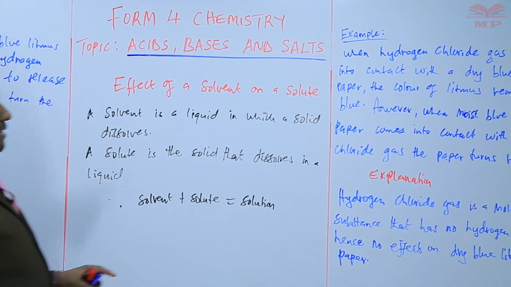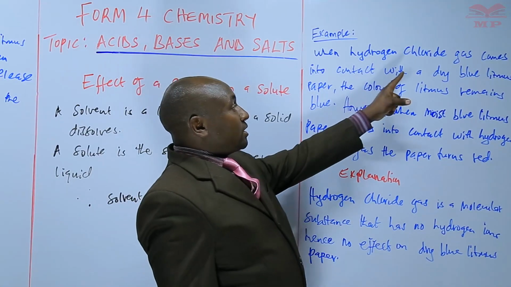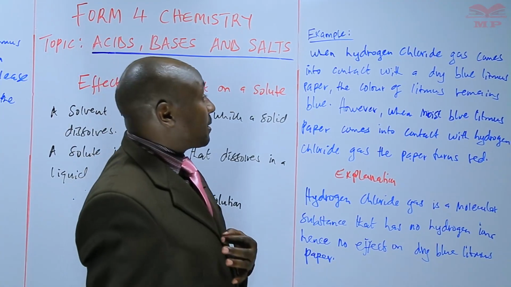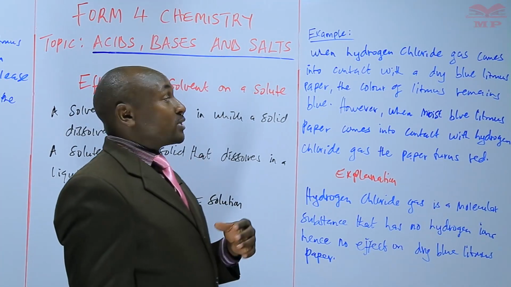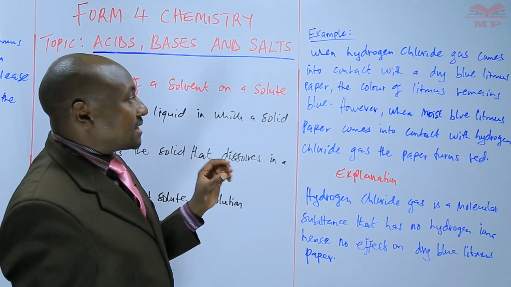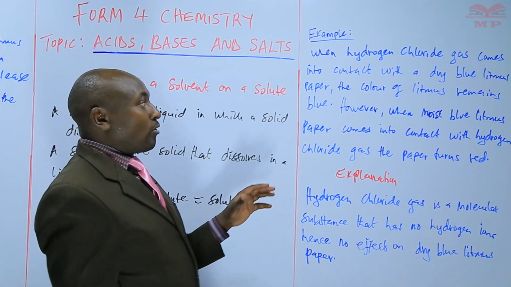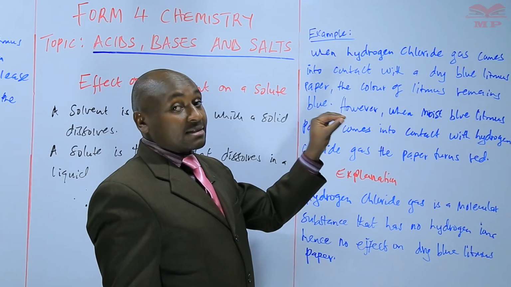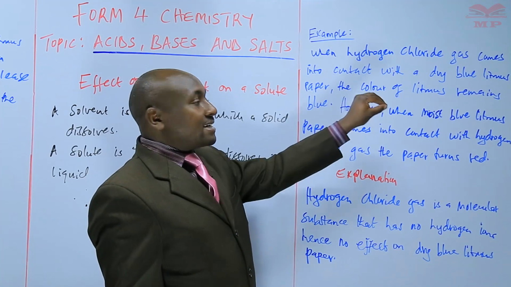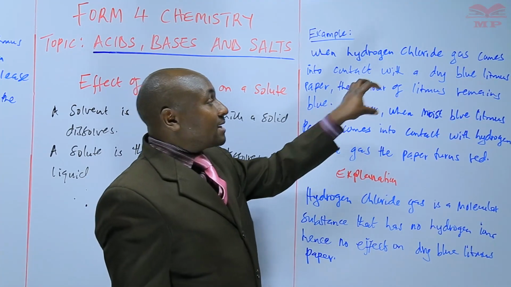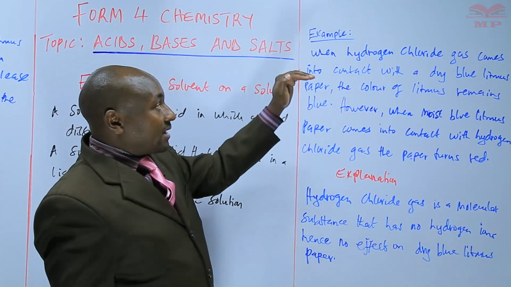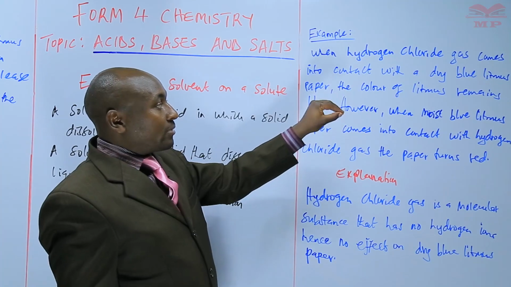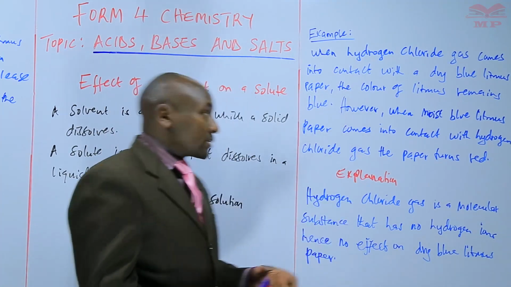On the other hand, when hydrogen chloride gas comes into contact with a dry litmus paper, no hydrogen ions are released, and therefore the litmus remains the same. There is no acidity created because the gas remains in molecular state. It doesn't form its respective ions.